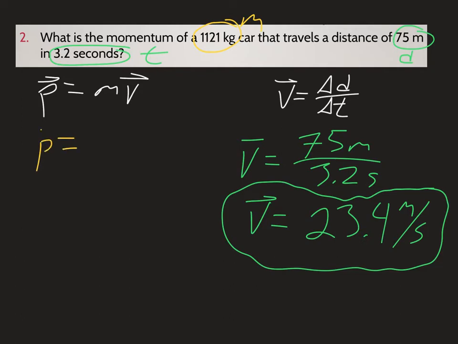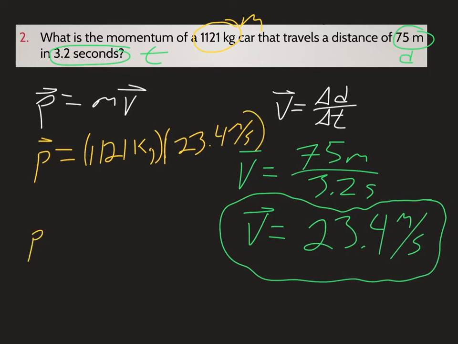So now we can start to work our momentum problem by plugging in our variables. First, we have 1,121 kilograms. And we're going to multiply that by the velocity that we just found, 23.4 meters per second. And this is going to give us a momentum of 26,231.4 kilogram meters per second.